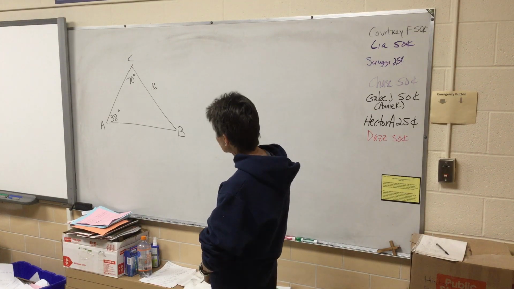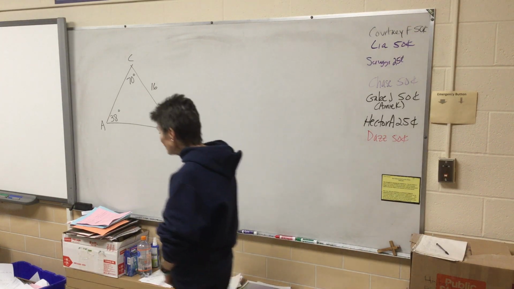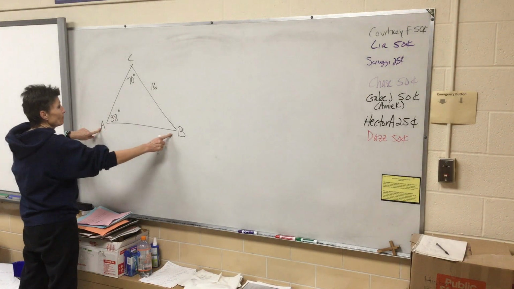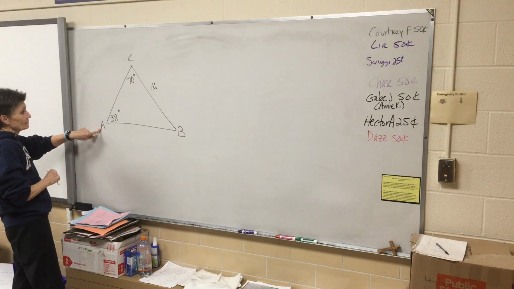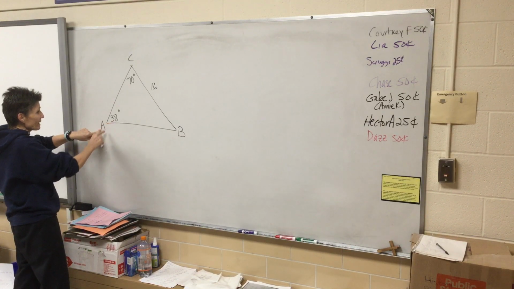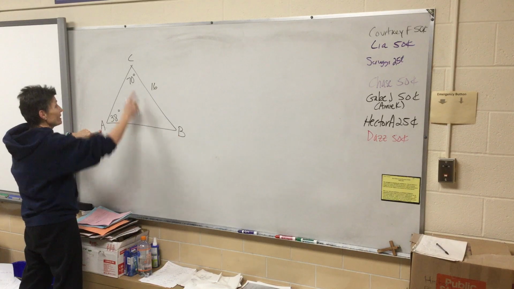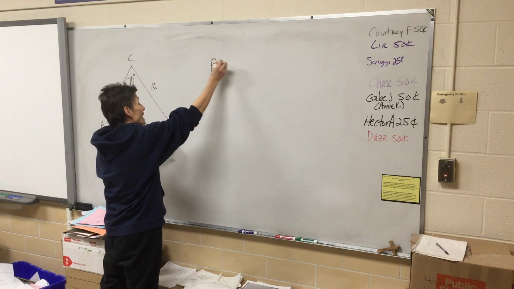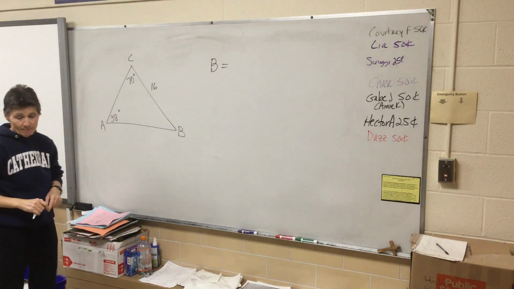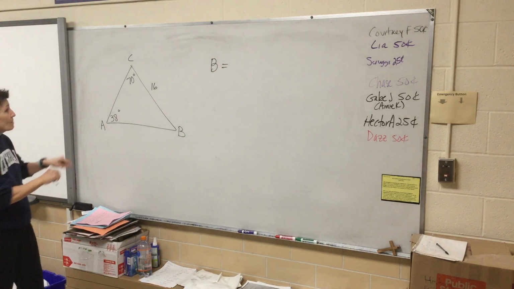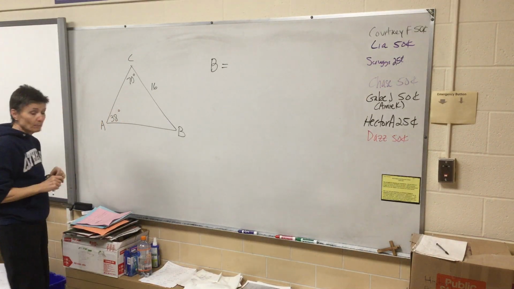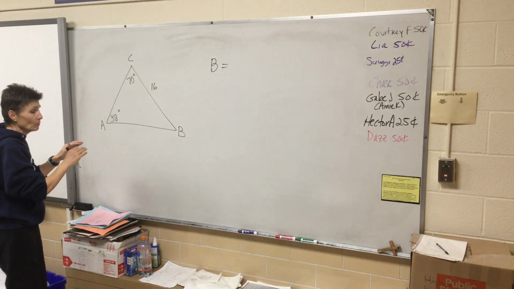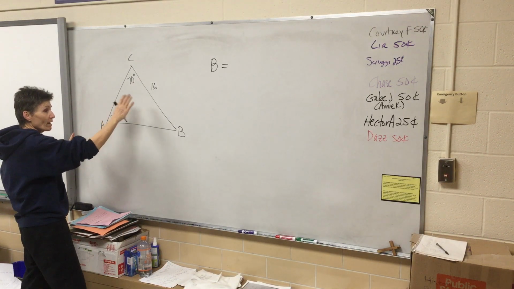So let's get the basics out of the way. When we label a triangle, the angles are labeled with capital letters. So capital A means angle A, capital B means angle B, and capital C means angle C. So one of the things you're going to have to find is angle B. The sides are labeled with lowercase letters, and they are labeled across from their angles.